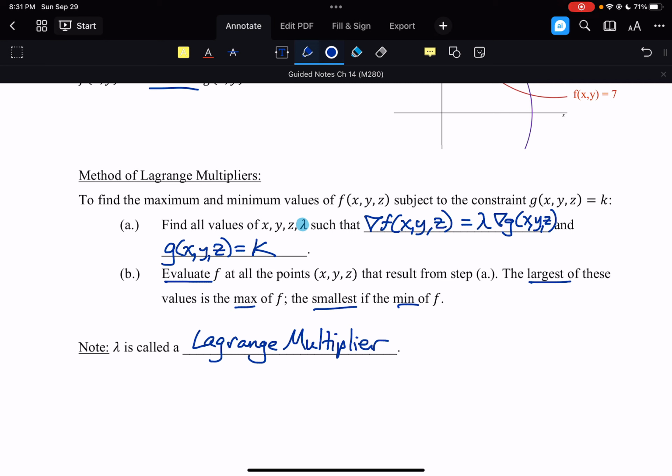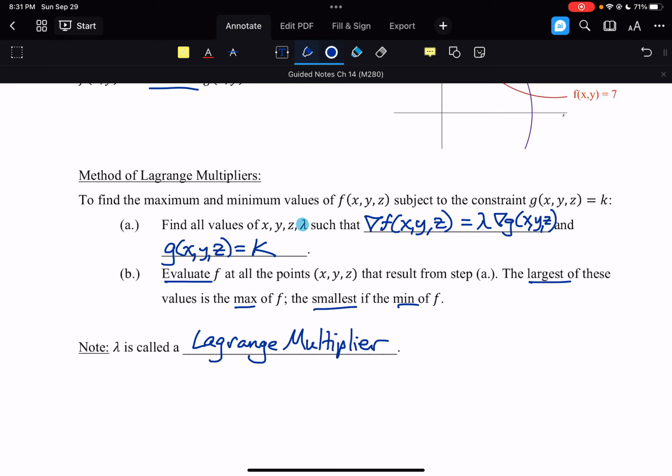So lambda, that Lagrange multiplier, is giving us another tool that helps define this relationship. And when we're solving these problems, lambda sometimes will become very, very important to the solution. We might have to find lambda in order to find x, y, and z.